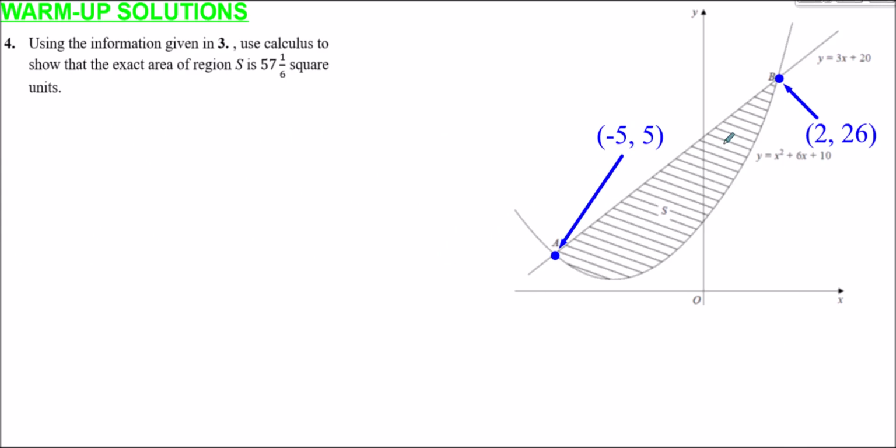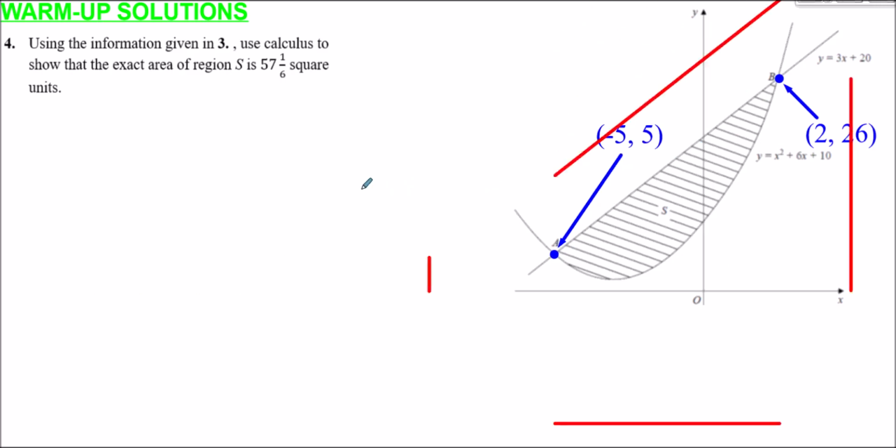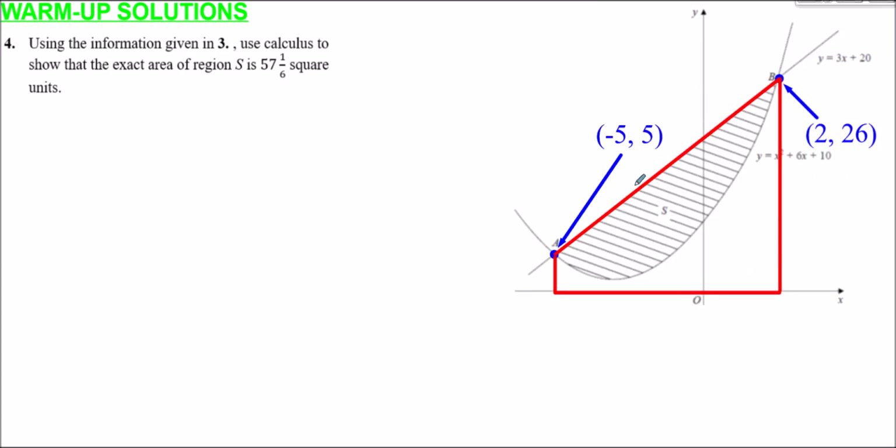Now in between -5 and 2, we can think of this whole shape being encapsulated in a trapezium, which we're going to highlight in red like this. So this whole area you can think of as being the red trapezium, but I only want this shaded region S. So I don't want this bit underneath the quadratic curve, which I'm going to colour in yellow.